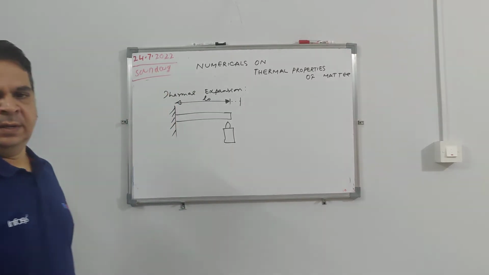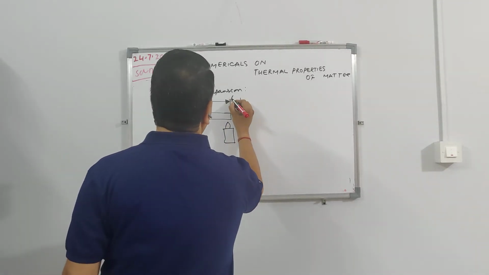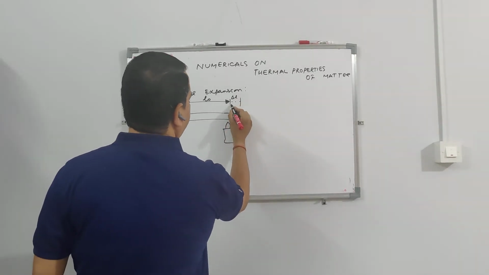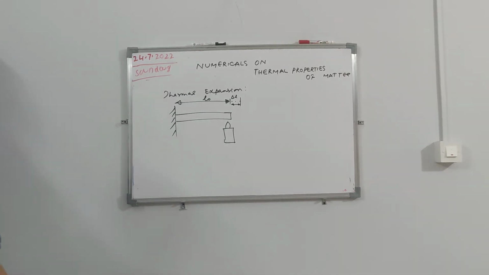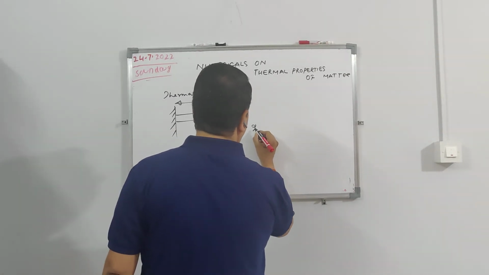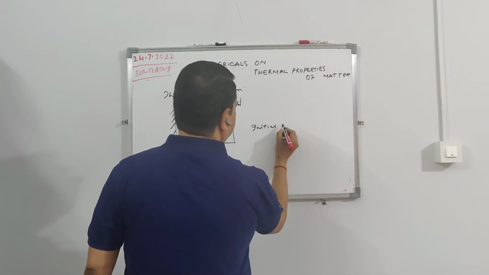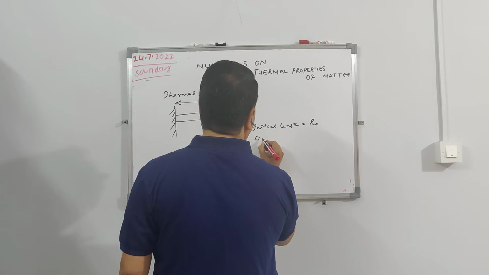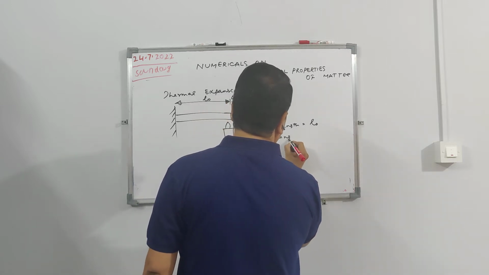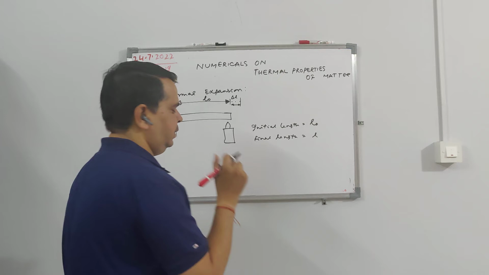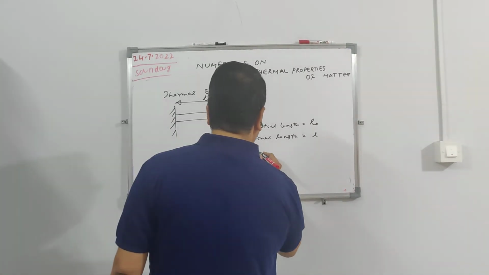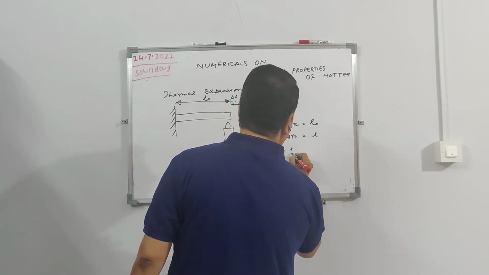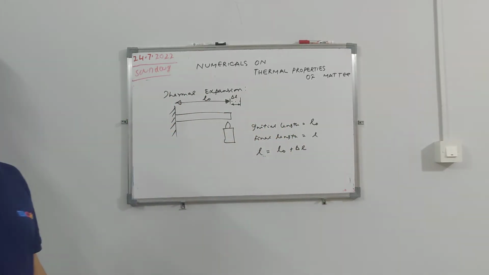Let us say this is delta L. If you heat it, it will get expanded by a length delta L. So the initial length is L0, the final length is, let us say, L. So L is equal to L0 plus delta L. This delta L is your change in length.